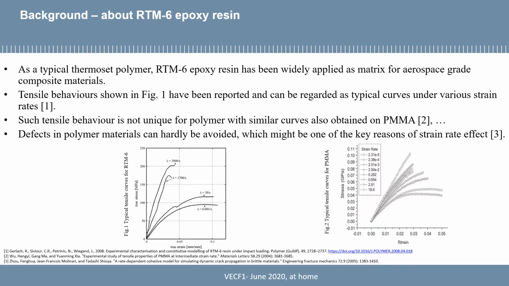And one more interesting thing is that the defects in polymer materials are really hard to avoid, because these defects include not just voids as usual, but also something like the chemical reactions and also the filler scattering. So it's really hard to remove them no matter what kind of manufacturing process we use. So this kind of defect is believed to be one of the key reasons for the strain rate effect in such polymer materials.